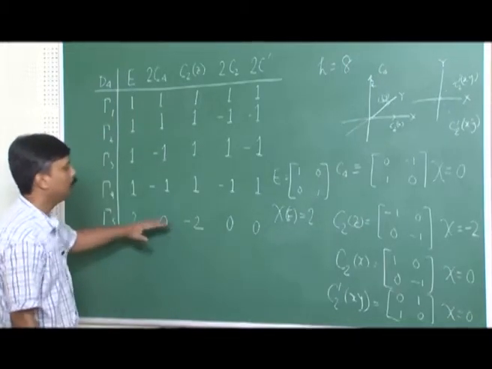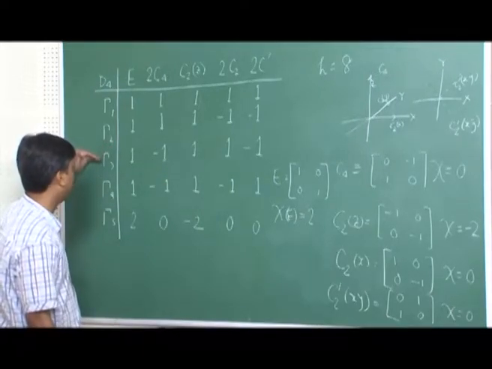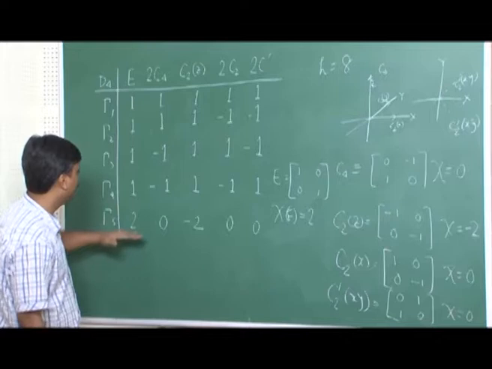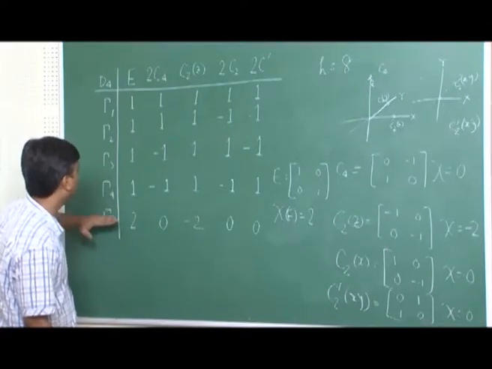Similar to the previous example, where we checked the orthogonality between, I think, gamma 3 and gamma 4, here we will check the orthogonality between gamma 5 and, say, gamma 4.